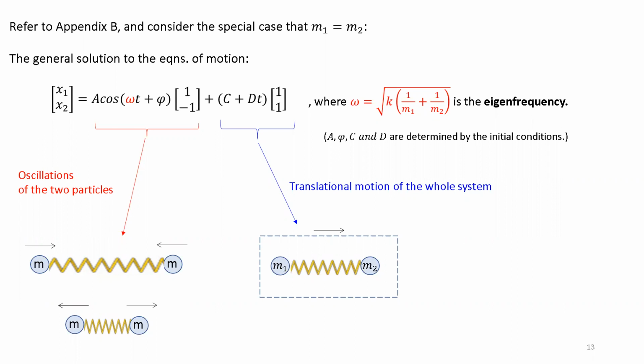Okay, so now I think it's a good time to take a break here. So here we are still considering one spring. What happens next is that we are going to consider multiple springs.